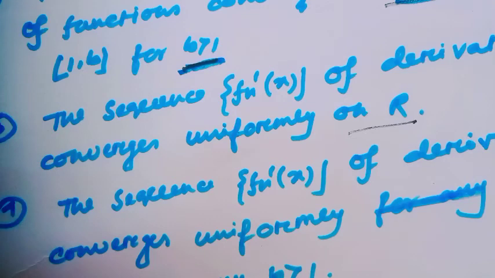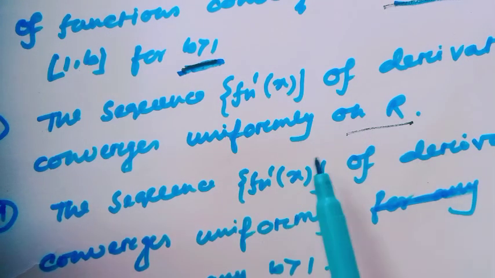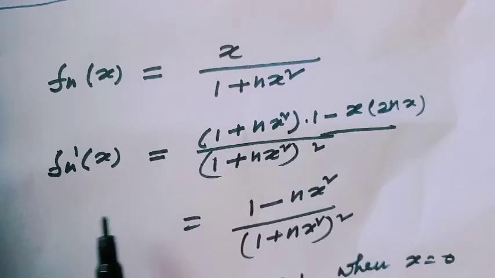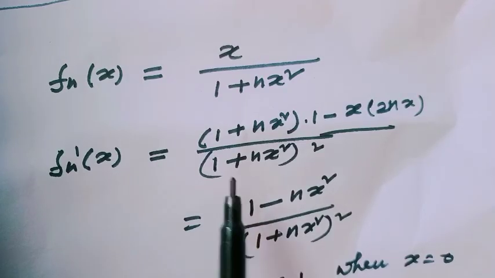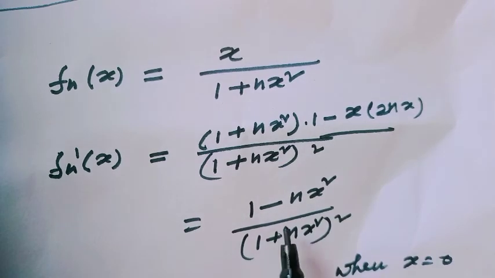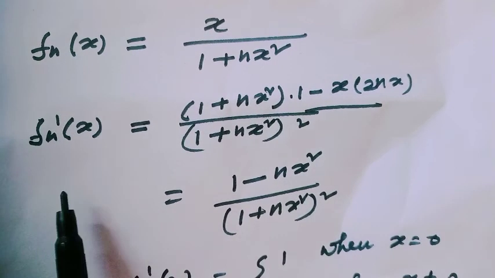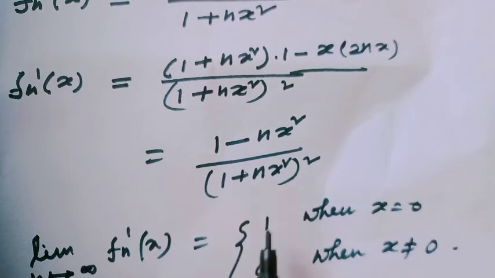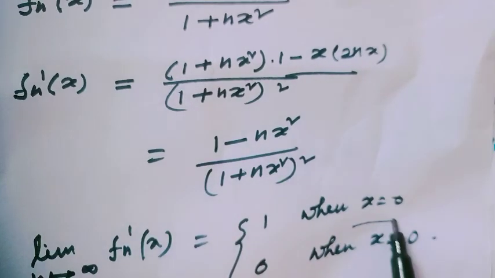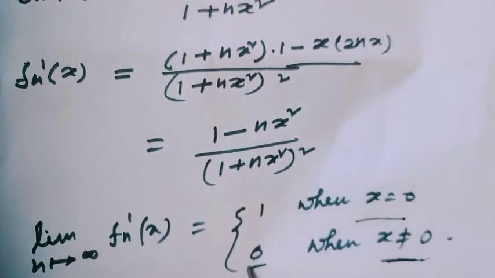The third option indicates the sequence of functions f_n'(x), which is the derivative of the function, converges uniformly on R. See f_n'(x), which we just found: it is 1 minus n x squared over (1 plus n x squared) whole squared. If we find the limit, this value would be 1 when x equals 0, and when x is not equal to 0, the value would be 0.